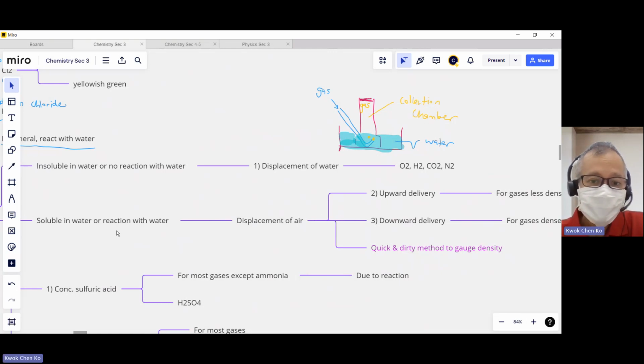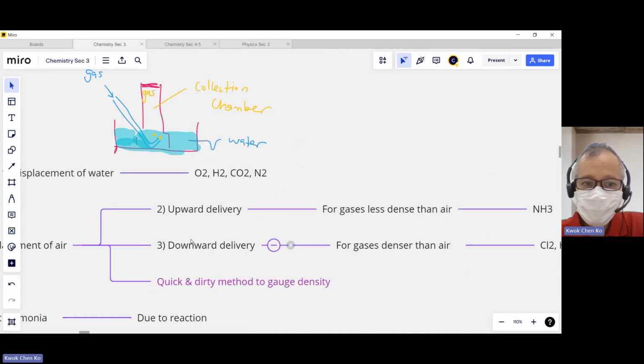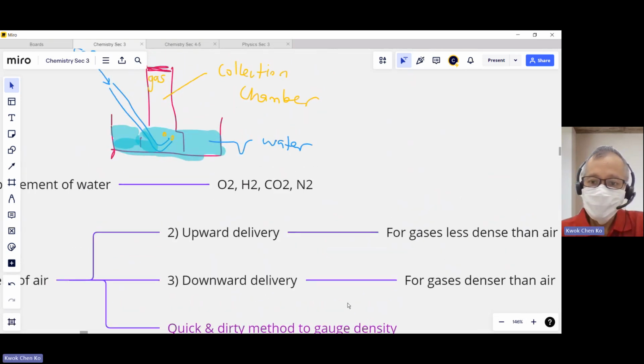Let me rephrase it. You use the displacement of air as a method to collect a gas when the gas is soluble in water or can react with water. So again, two possibilities, and you have to decide on either one. All right, it depends on the gas as well.